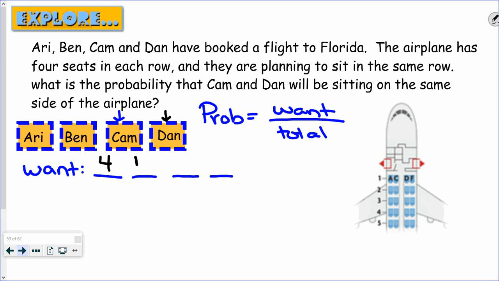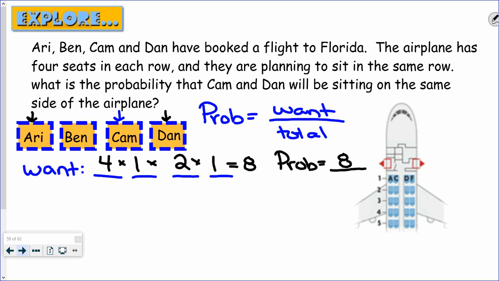He's only got one option. Now, Ari comes on the plane. Well, there's 2 seats left. He's got 2 options, leaving Ben with 1 spot left. There are 8 ways that I can get Cam and Dan to sit together. So when I do this probability, what I want, there's only 8 ways for that to happen.